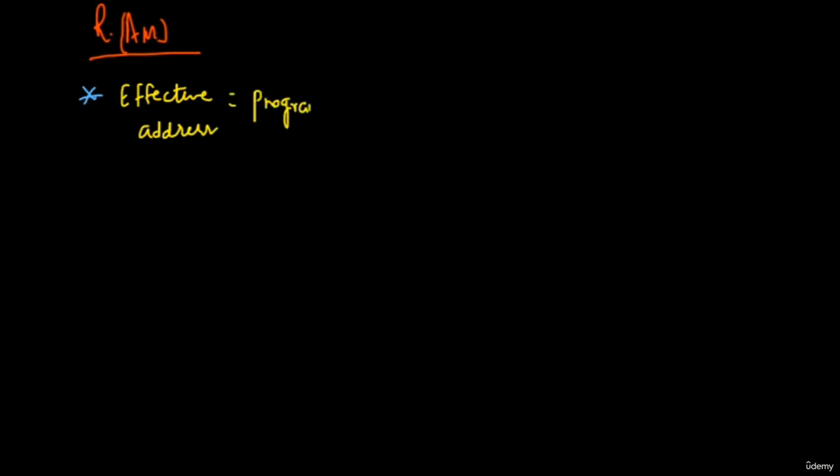Now one more line I would like to add in relative addressing mode, which I would like to write here. Effective address is equal to program counter plus address part of the instruction.